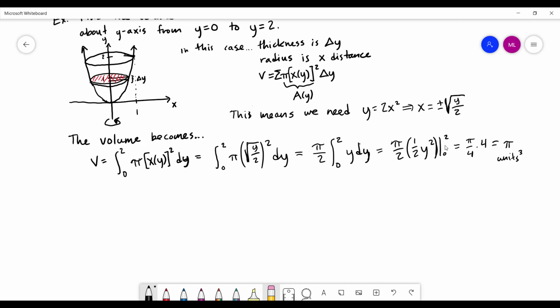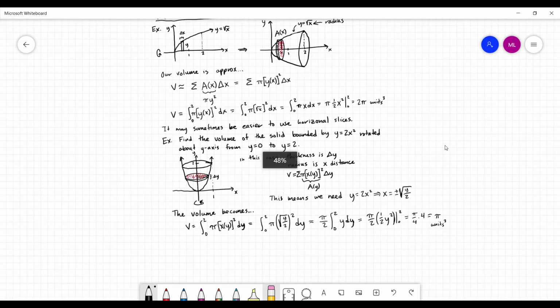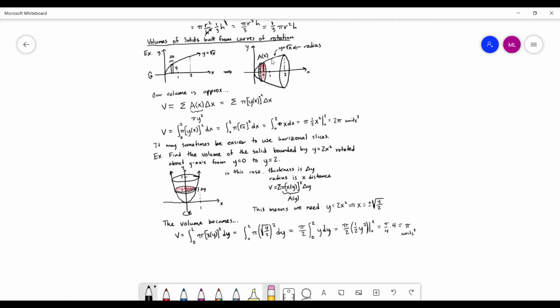The last type of thing that's going to be important to recognize, so to quickly summarize, sometimes you're going to want to chop up your shape vertically. Sometimes you're going to want to chop it up horizontally, and that will determine whether your whole problem will be working with the variable x or with the variable y in your calculations.